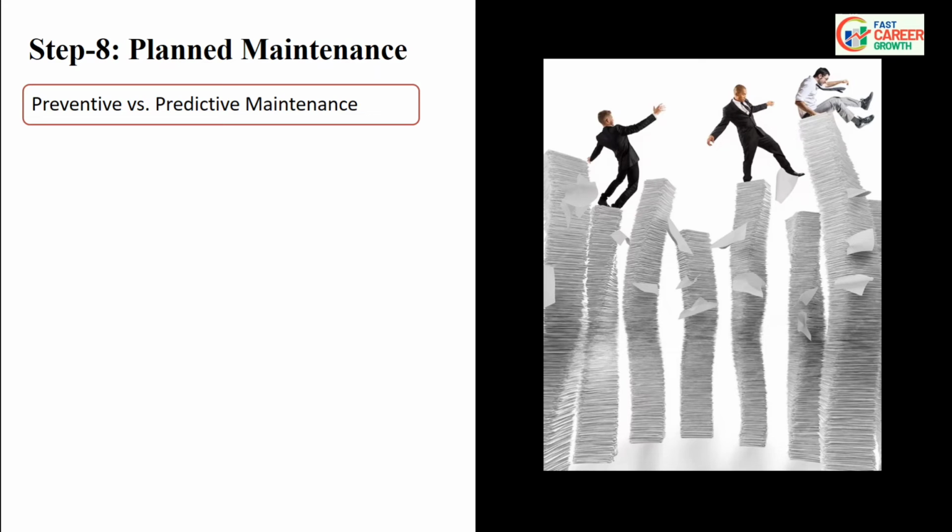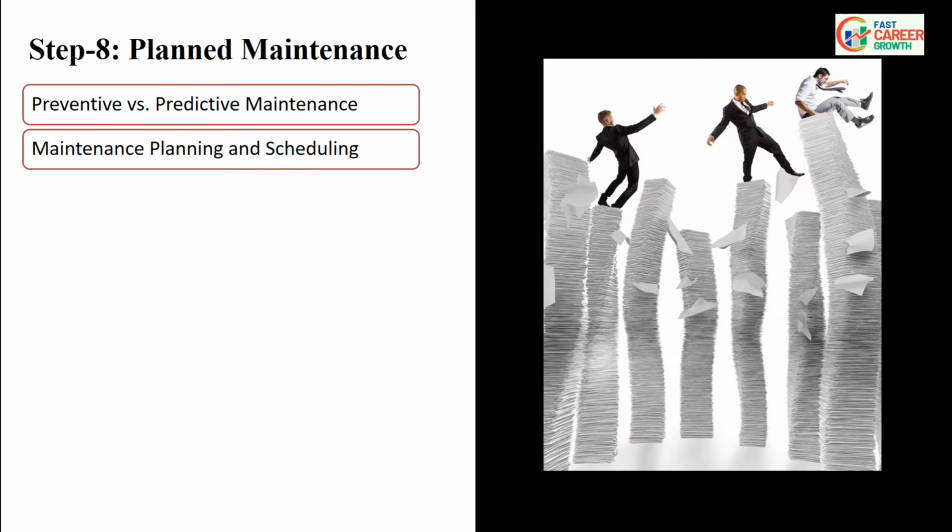Maintenance planning and scheduling. Describe the process of planning and scheduling maintenance activities. This includes tasks like creating maintenance schedules, allocating resources, and ensuring all necessary parts and tools are available. Key elements of planned maintenance.